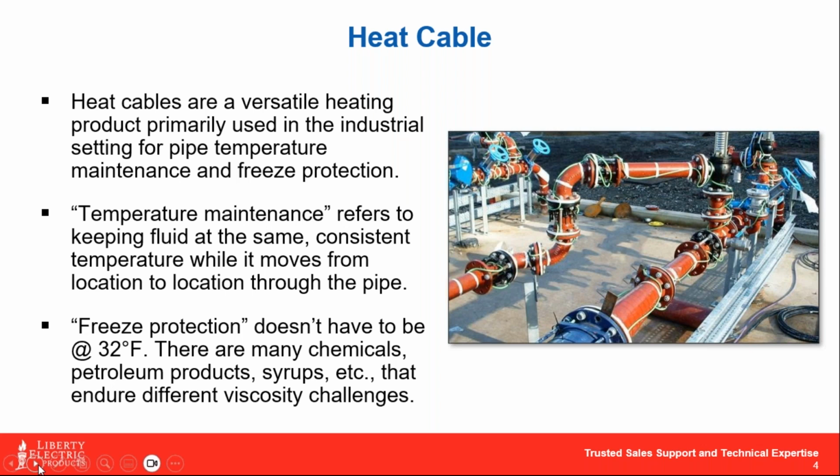So when we talk about temperature maintenance, that really refers to ensuring the fact that the fluid traveling inside of that pipe does not lose its temperature from point A to point B. Okay, what we're trying to do is ensure that whatever's inside of that pipe is going to remain at its process temperature from start to finish.